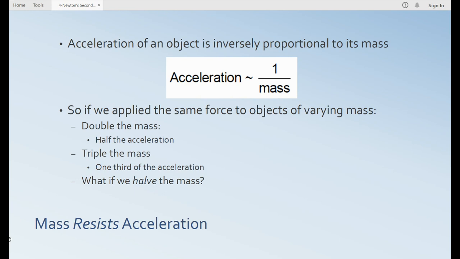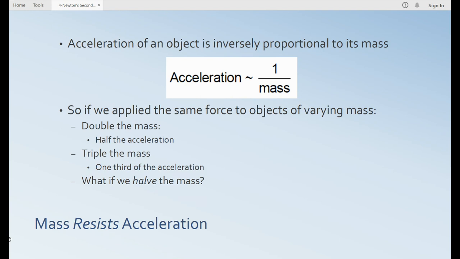But if we double that mass, now its acceleration is going to be 1 divided by 2, so that's 1/2 the acceleration of the one mass. If we triple that mass, now we have 1 over 3. We're only going to have 1/3 of the acceleration.